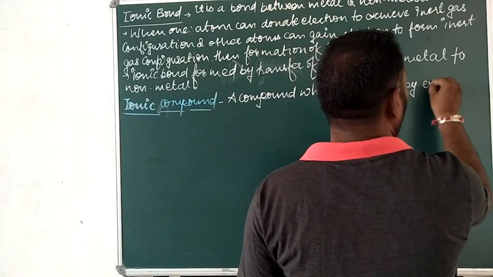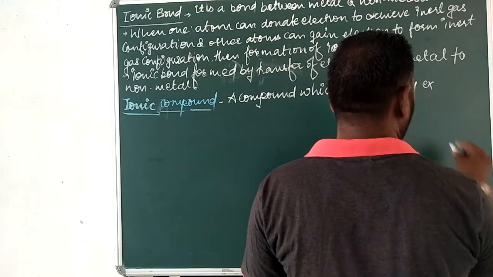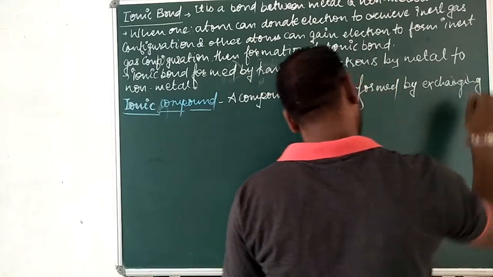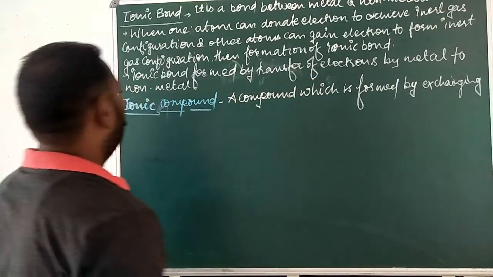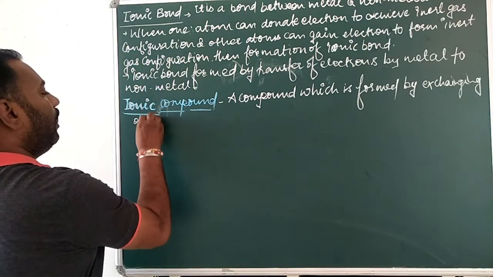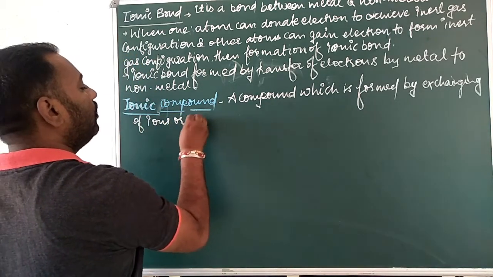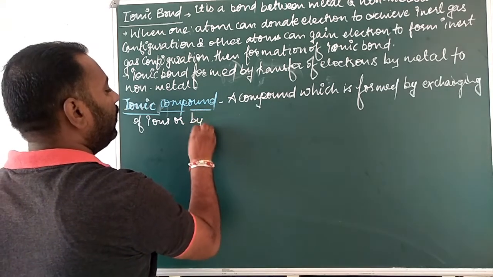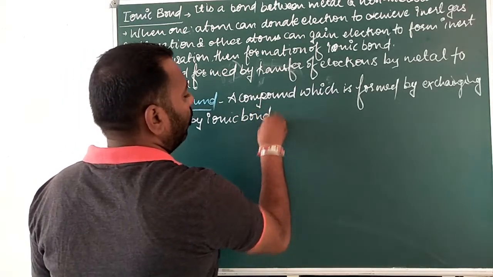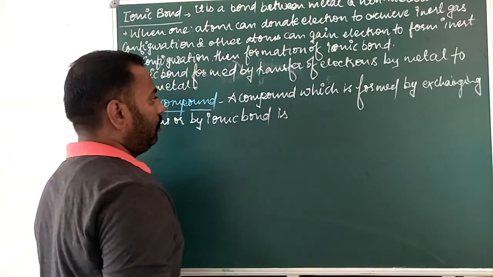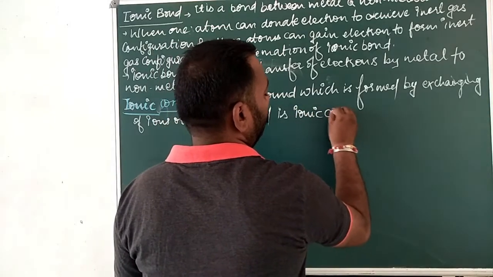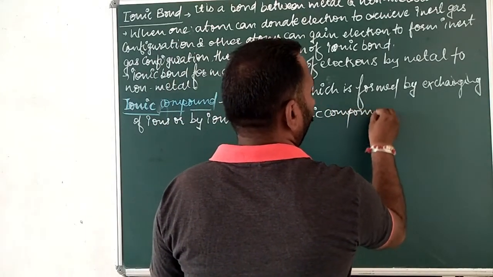A compound which is formed by exchanging of ions, or by an ionic bond, is an ionic compound.